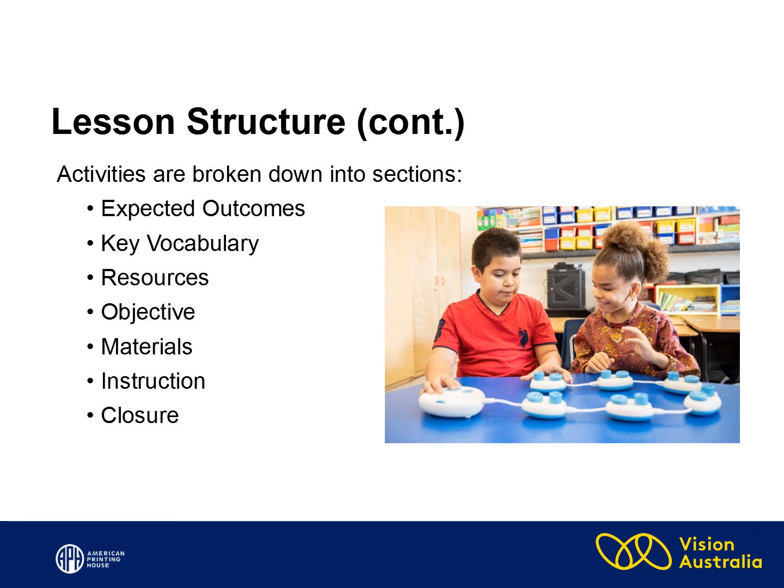Printed materials are all found at the end of each lesson. The instruction, or step-by-step instructions for each activity, these can be used as is, but also provide some suggestions on where to modify to meet the specific needs of your classroom. And then finally, closure, so strategies on how to close out the lesson with your student.